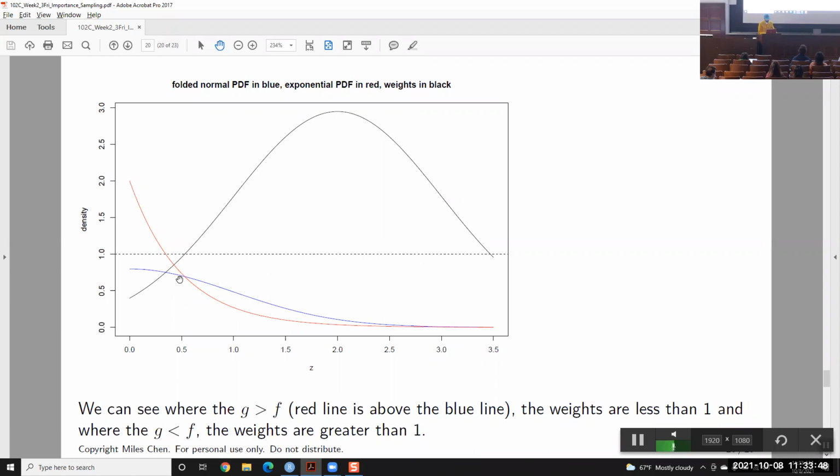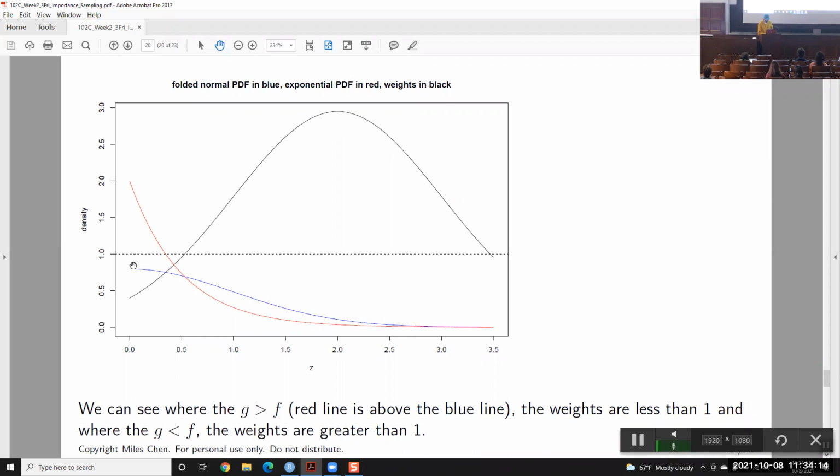The red curve is the exponential distribution with lambda equal to 2. So the PDF of G is in red, the PDF of F is in blue, and if you do the blue divided by red, you'll get this black curve, which itself looks kind of like a normal distribution, but it's not.